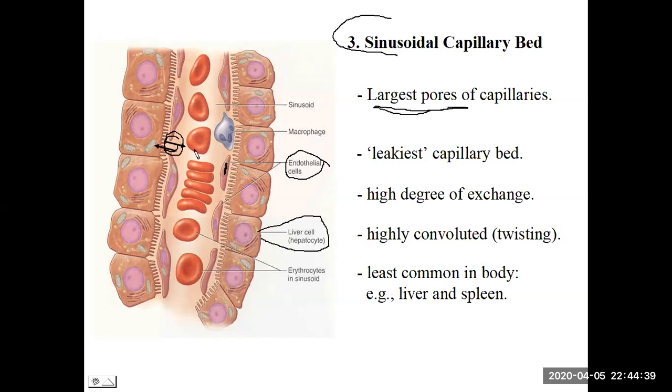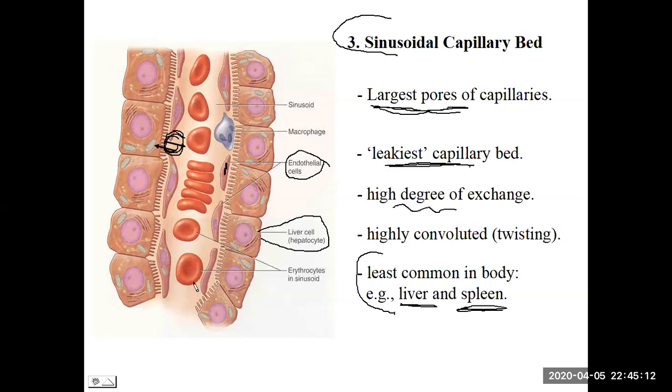So again, we have the big pores seen here between the endothelial cells. So the largest pore size, and with that big opening, so much more fluid could pass in and out. So sinusoidal capillaries have the highest degree of exchange with the cardiovascular system. However, this is the rare type of capillary, so just few organs actually have this type of capillary itself.